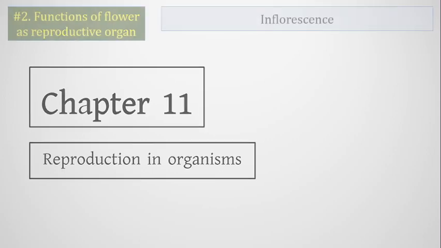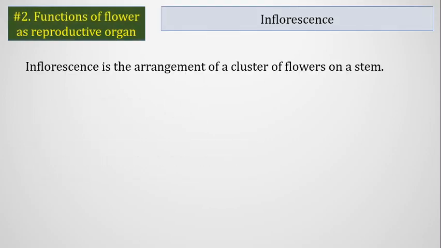So, what is inflorescence? Inflorescence is the arrangement of a cluster of flowers on a stem. That means we see that from a stem a shoot emerges on which multiple flowers are arranged in a specific manner.